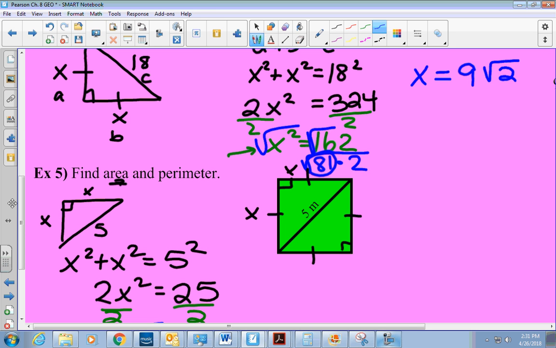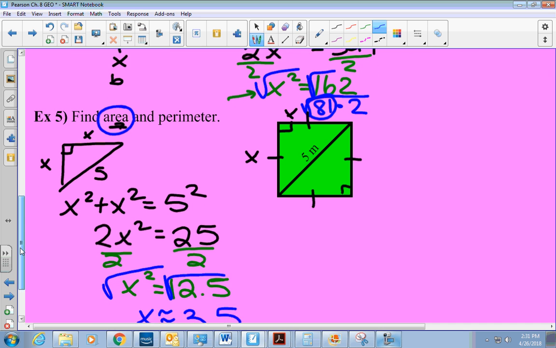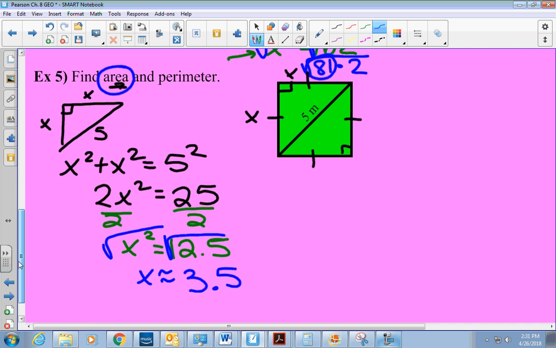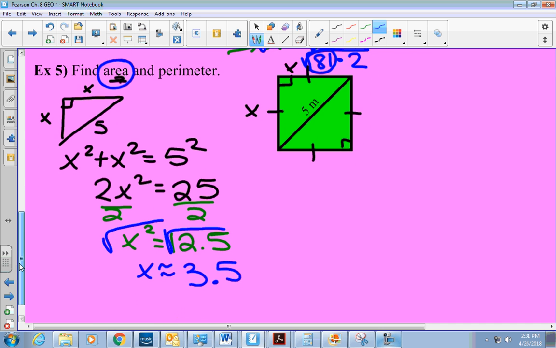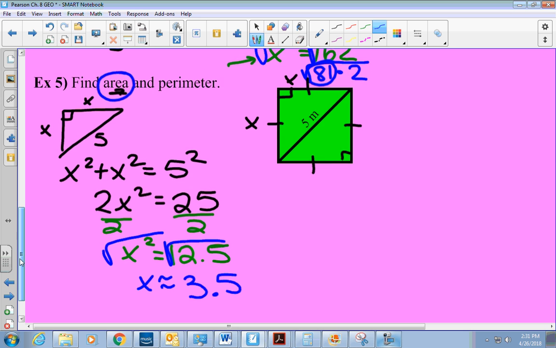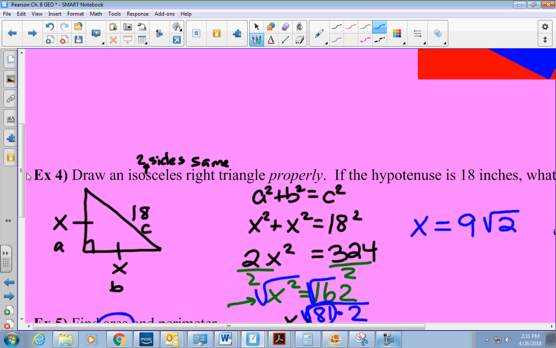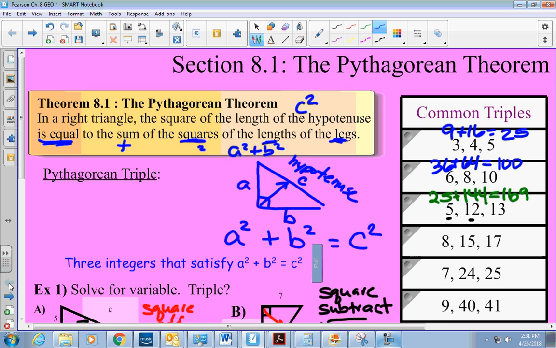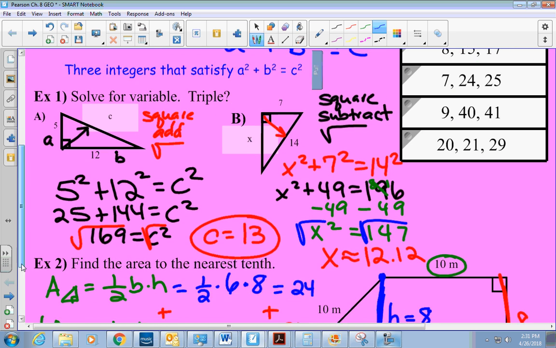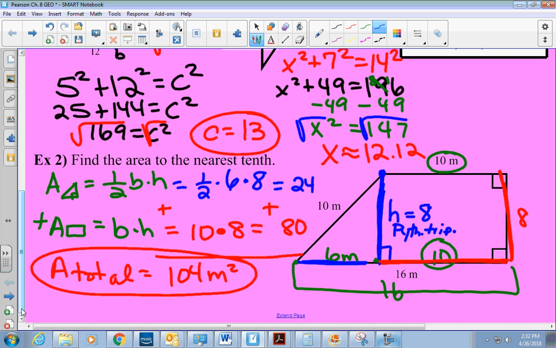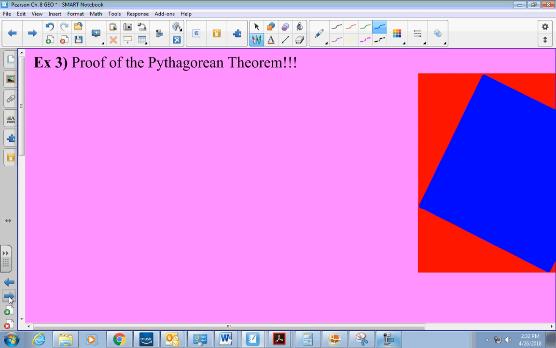So how do we find the area of a square? We did it twice on our chapter 7 test. So you don't remember? How do we find the area of a rectangle? Base times height.